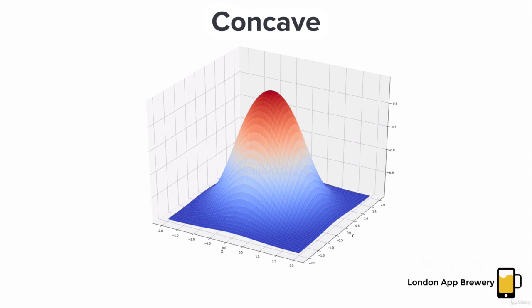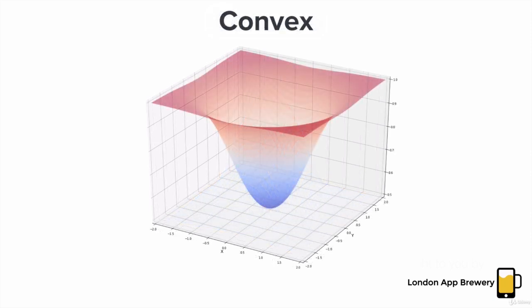But with our cost functions, we're going to be looking for minimums, right? So if you imagine that mountain flipped upside down, and all you've got is a valley that you have to find, then your cost function is going to look more like this. This is a kind of function that's called convex. It'll have a minimum, and our job is to get to the bottom of it, because that's where the cost is lowest.